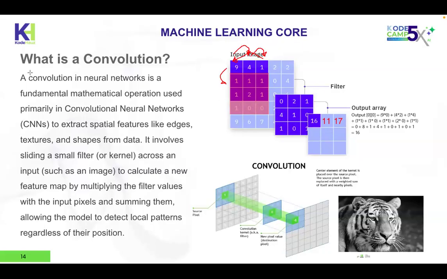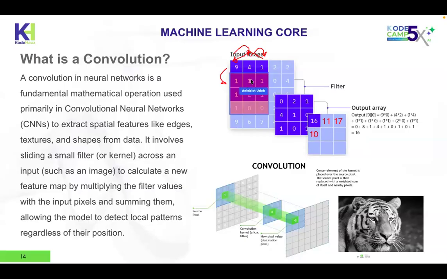So that gives us 10. We can just continue with that. I don't have all the time to do that, but that gives you an idea of how the operation of convolution works. So this will just continue that way until we are able to scan this.